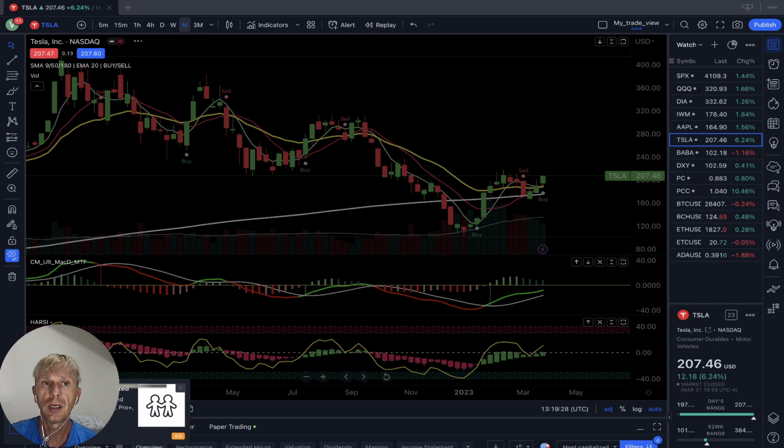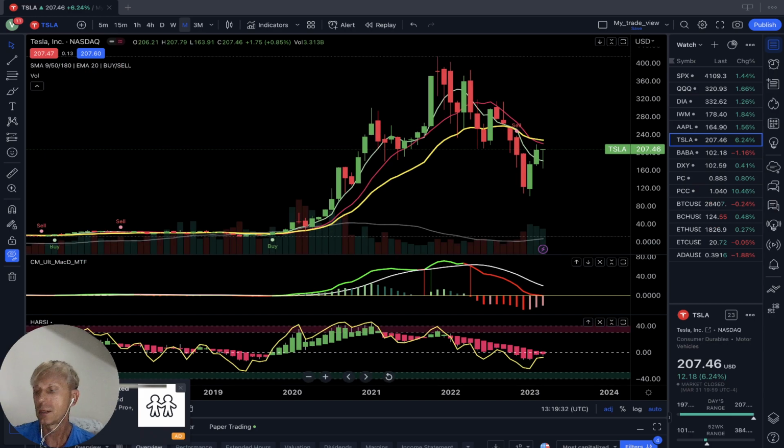Monthly Tesla, it's different. Monthly it is bearish. Sell signal and script still bearish on all indicators.